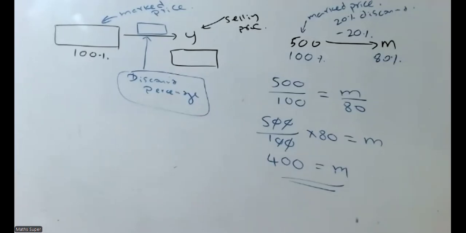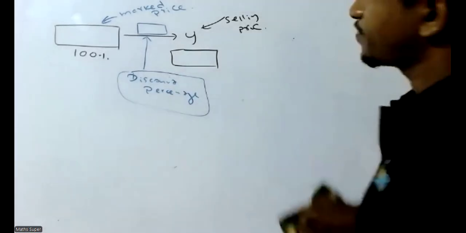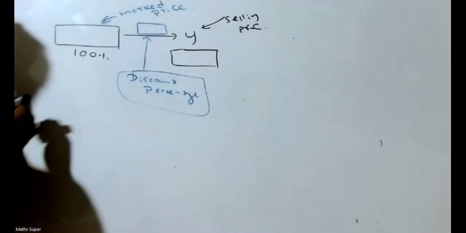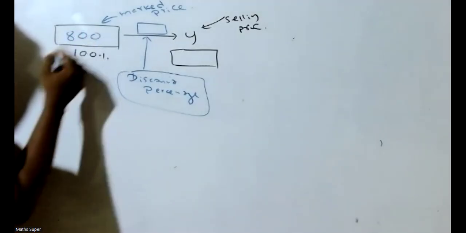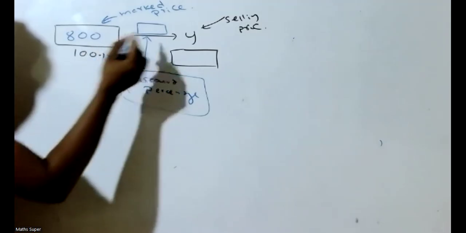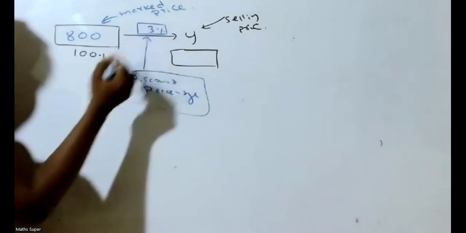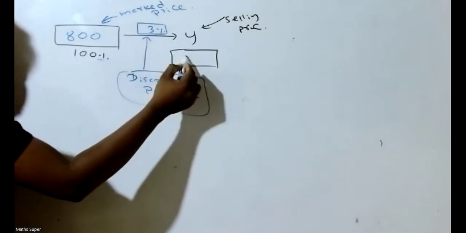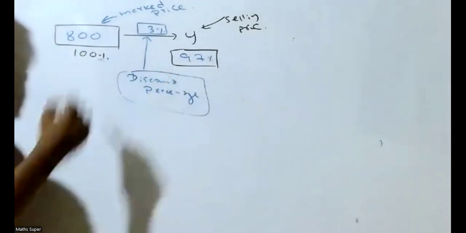So I'm going to apply. What is the mark price? 800. What is the discount? 3%. So 100% minus 3 means 97%.